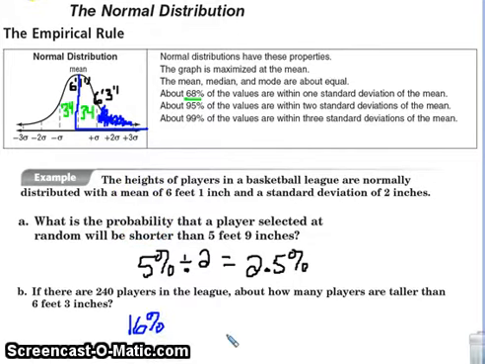Now, is that my answer to the question? No. I want 16% of 240. So it's up to you how you figure this out. A lot of my students today have done 0.16 times 240. And then they've gotten 38.4, right? Can you have 0.4 of a person? No, so it's going to be 38.